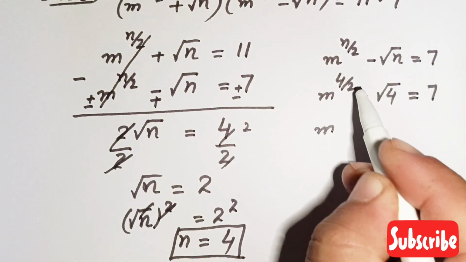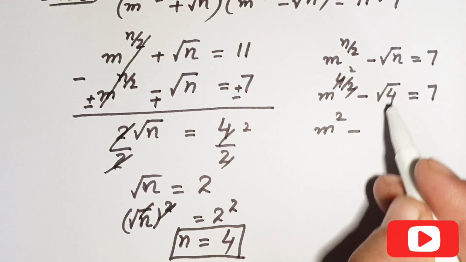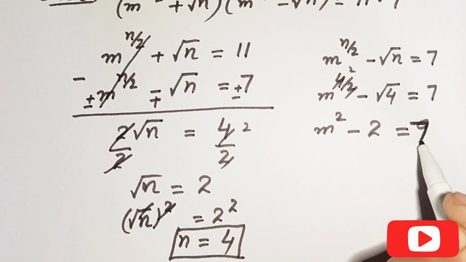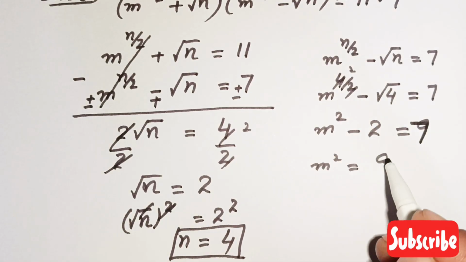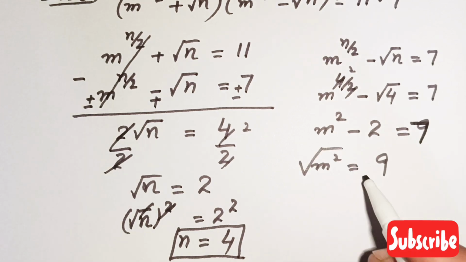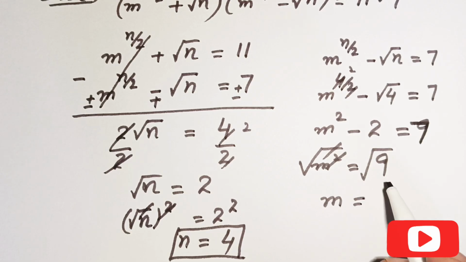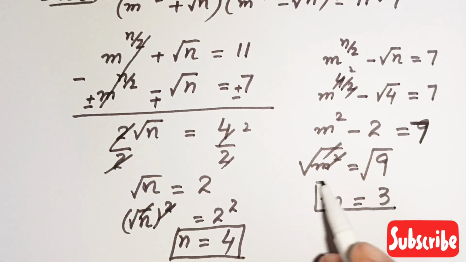So here we have 2 2s are 4, then m squared minus square root of 4, which is 2, is equal to 7. Now m squared is equal to 7 plus 2, which is 9, and if we take the square root on both sides, m is equal to the square root of 9, which is 3. So we have the value of m, which is 3.